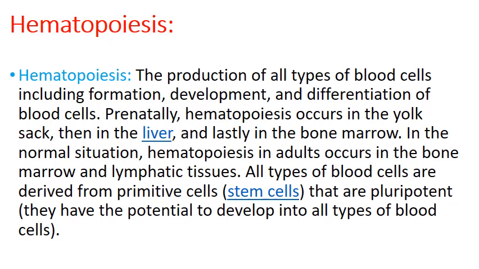In the normal situation, hematopoiesis in the adult occurs in the bone marrow and lymphatic tissue. All types of blood cells are derived from primitive cells, which are the mother cells, the stem cells, the pluripotential stem cells that have the capacity to develop into different types of blood cells.